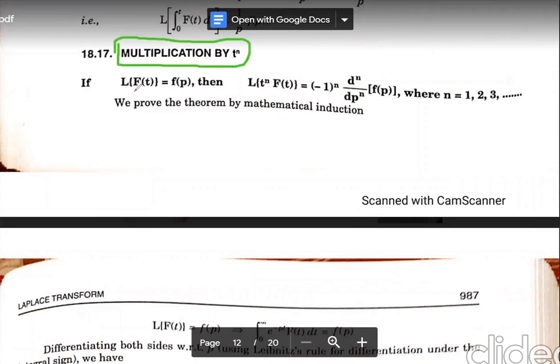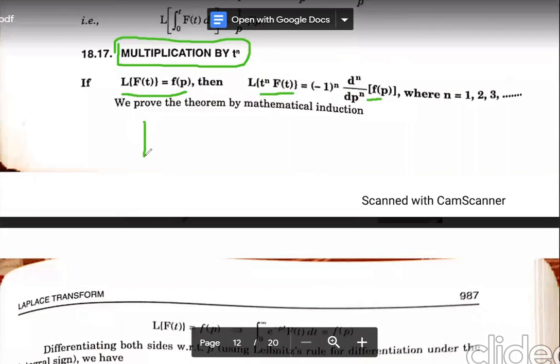If the Laplace transform of f of t equals f of p, then the Laplace transform of t to the power n f of t is equal to minus 1 to the power n, the nth derivative with respect to p of f of p. Here n is a positive integer, that is n equal to 1, 2, 3, 4, 5, 6, whatever it may be. That also you need to remember.